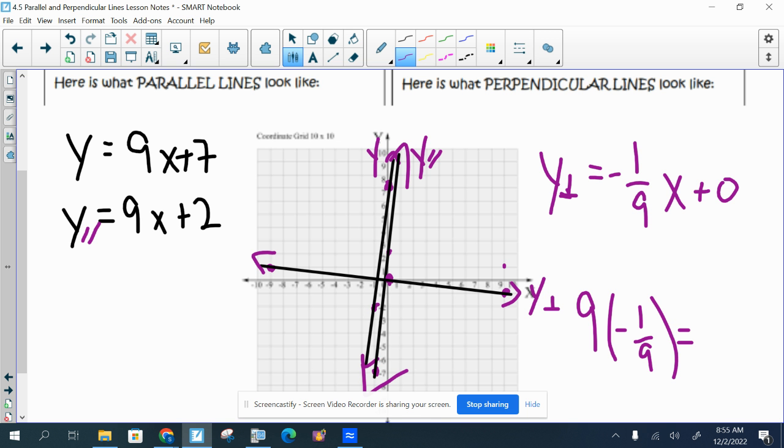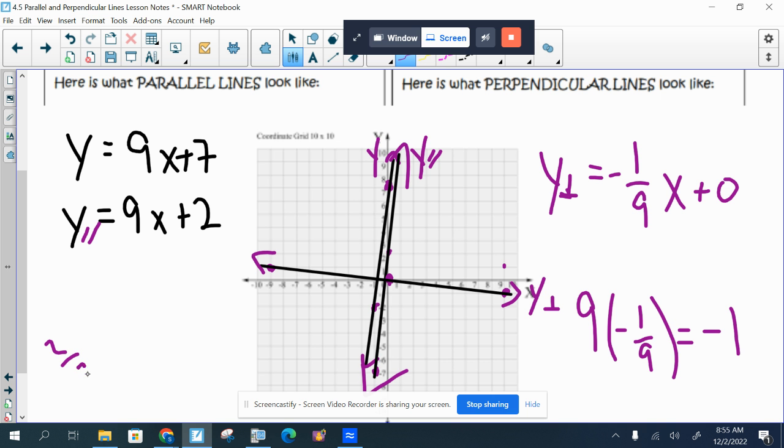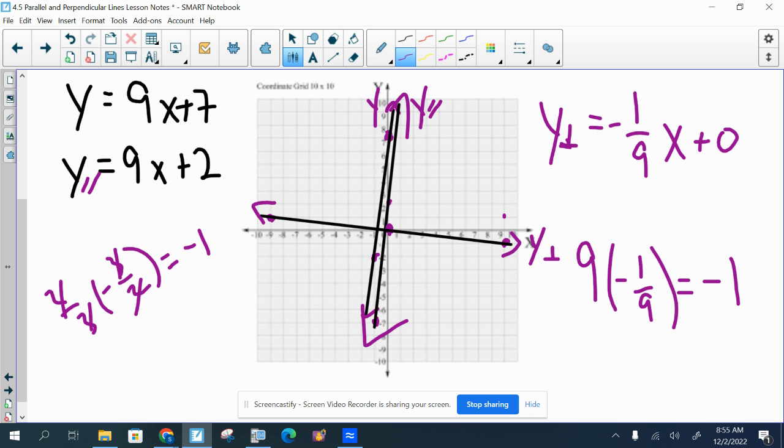Yes, -1. So anytime you have slopes that are opposite reciprocals, like 2/3 and -3/2, they're going to cancel each other out because they're reciprocals, and then you just get -1. That is the property of perpendicular lines.